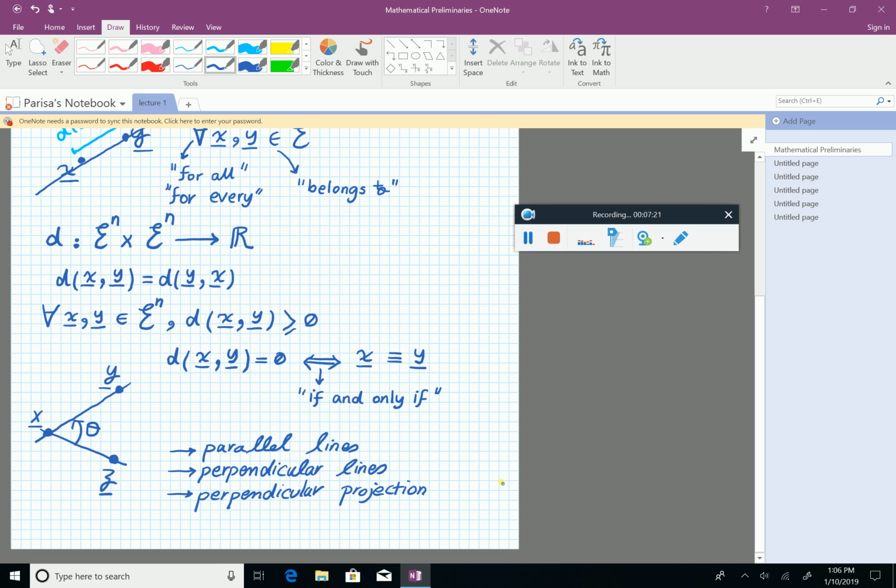So when you have a point and basically you find the perpendicular projection of that point on a line, for example.